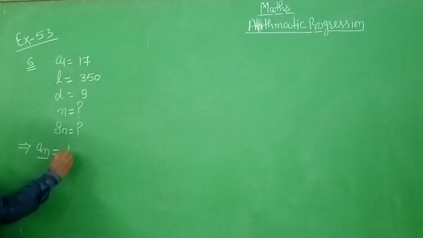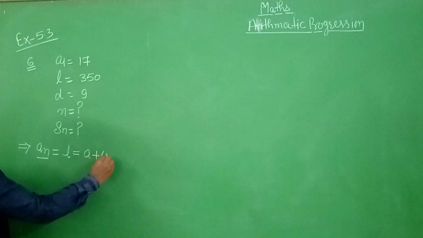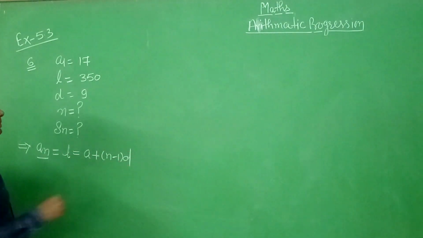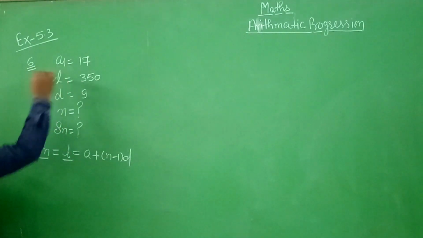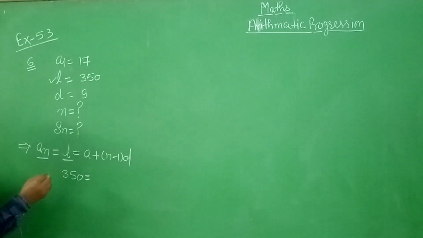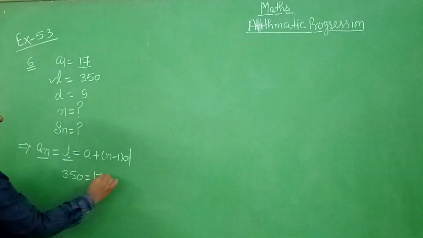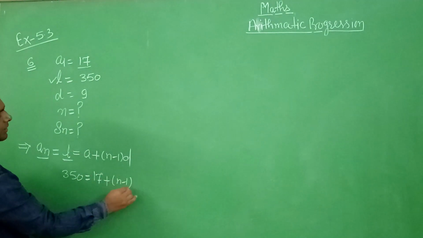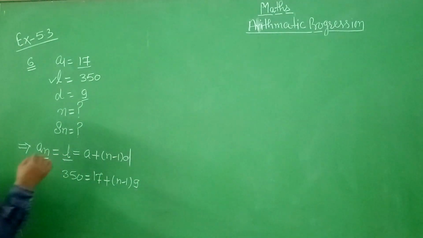The nth term is also equal to the last term L. It is equal to a plus n minus 1 into D. So here L, the last term, is given, and it is equal to 350. So 350 is equal to a, the first term, which is 17, plus n minus 1, and the common difference is 9.